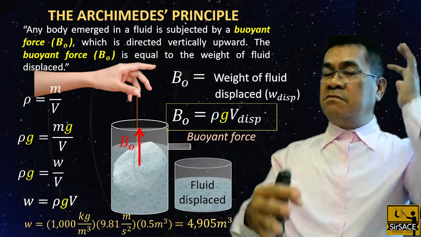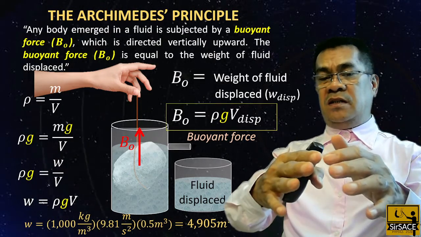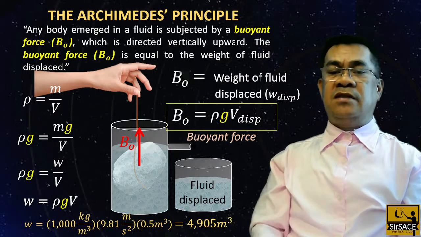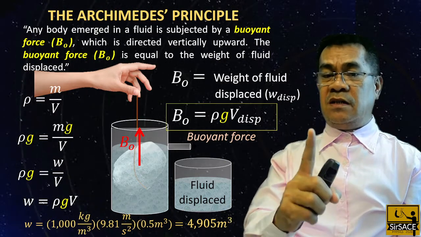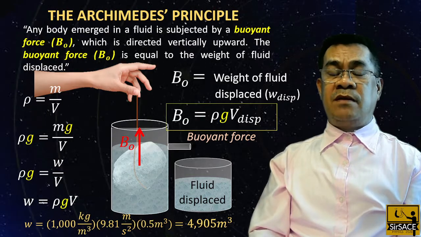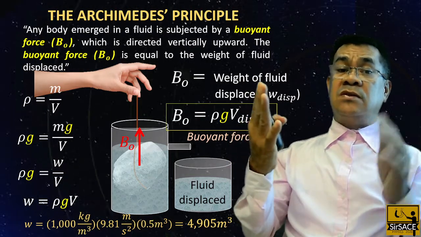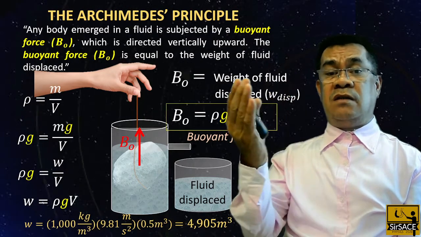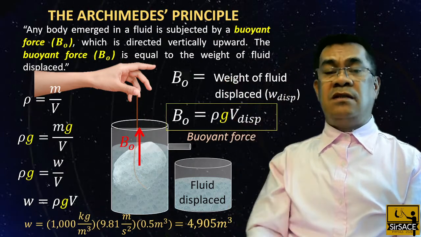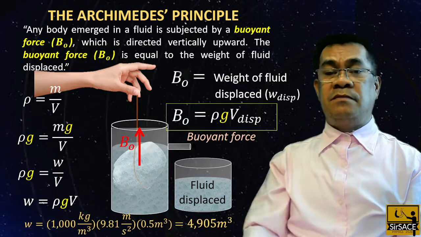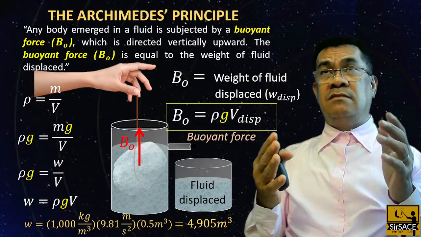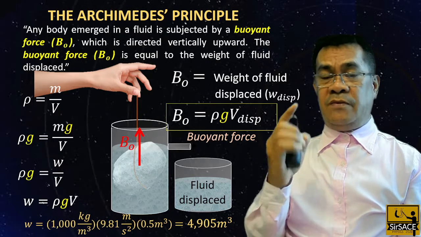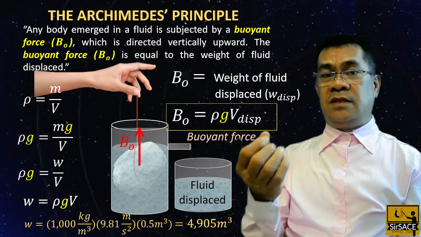Which means that when the particle is in a fluid, then there is a buoyant force. Not only in liquid, in gas also, there must be a buoyant force because the air has density. So, rho g V. But remember that the density of air is very, very small, so the buoyant force is present, but it is negligible.